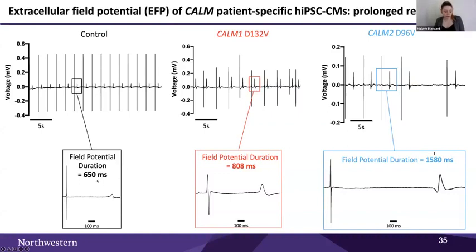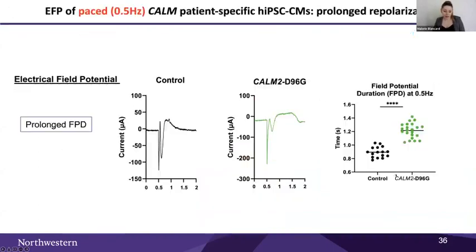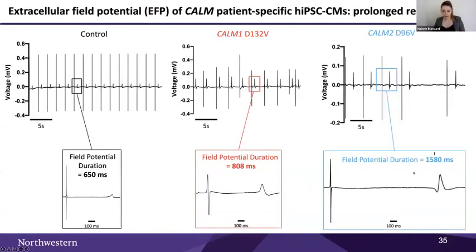For the control, it was around 650 milliseconds. Even without zooming, we can see that it's longer, but it's easier since it's the same scale. It's 100 milliseconds here. So this one was switching to 800, and this patient was even way worse, 1500, which is really extreme. But this is what we expect from the disease.